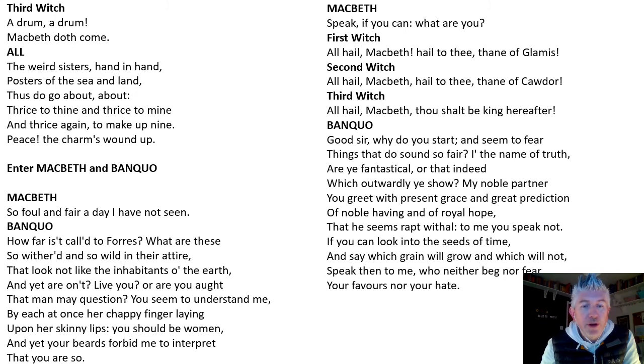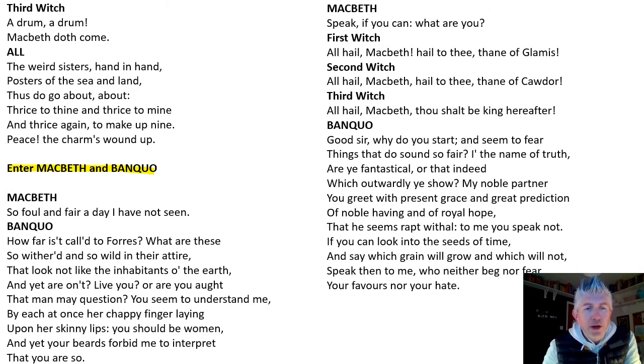Third witch. A drum, a drum, Macbeth doth come. All. The weird sisters, hand in hand, posters of the sea and land, thus do go about, about, thrice to thine and thrice to mine and thrice again to make up nine. Peace, the charm's wound up. Enter Macbeth and Banquo. Macbeth. So foul and fair a day I have not seen.